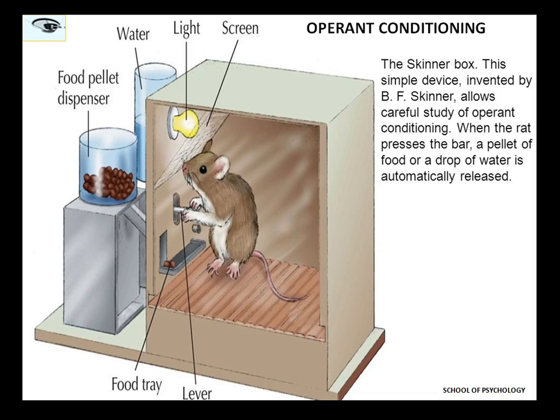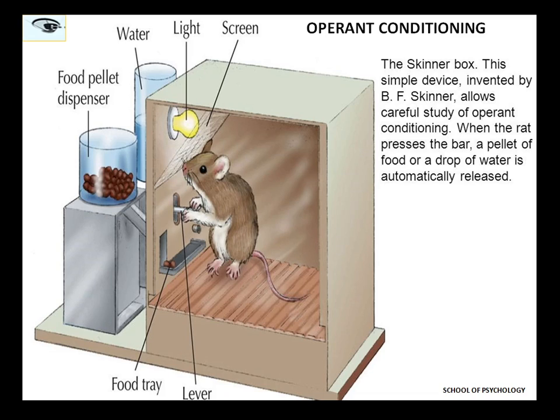There was a rat placed in the Skinner box, and there was also a lever, which you can also call the bar, and a container of food, placed on top of a chamber on the left-hand side.